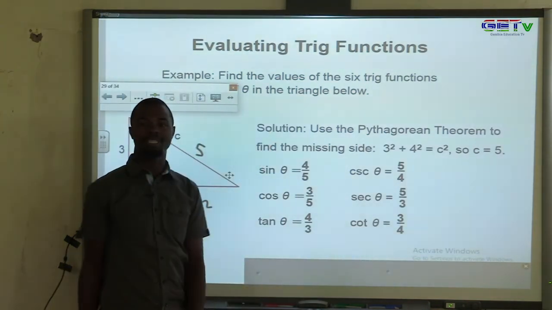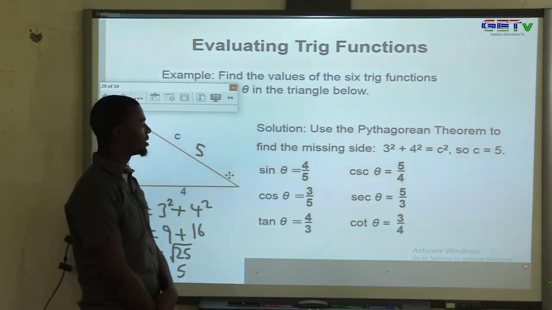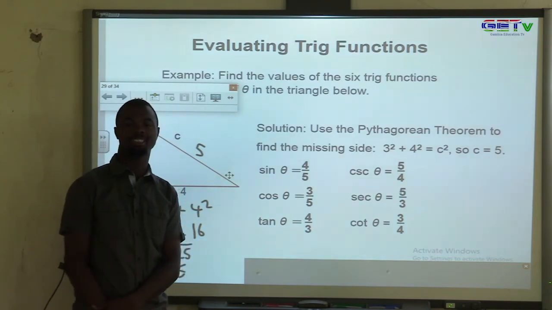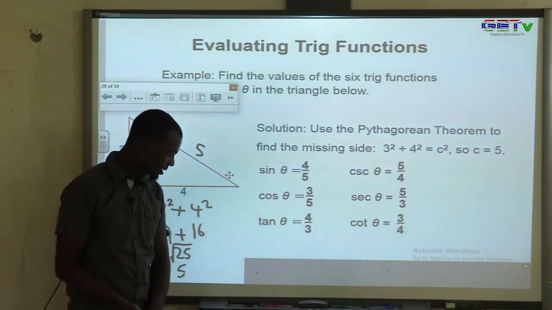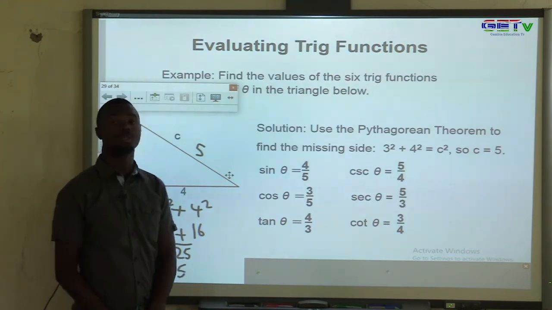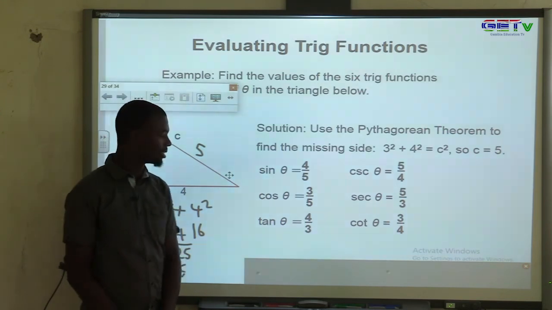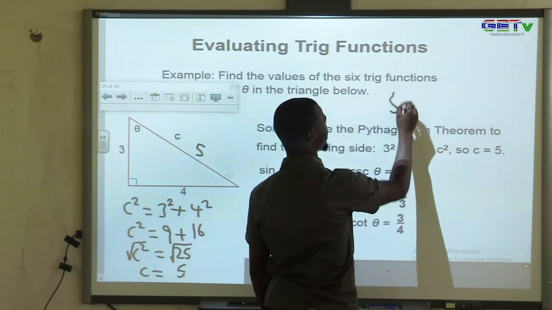So we find the missing side. The missing side C is equal to 5. Now we find the 6 trig ratios. The 6 trig ratios are sine, cosine, tangent, cosec, sec, and cot. We use the acronym SOHCAHTOA.